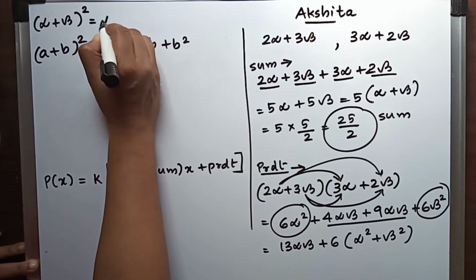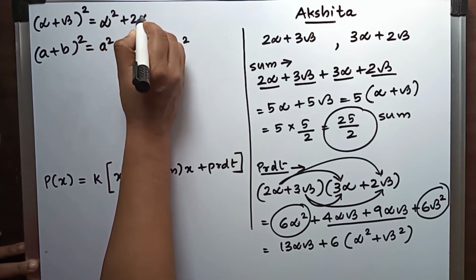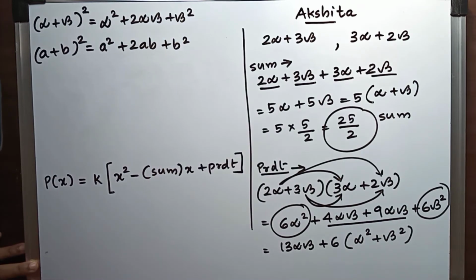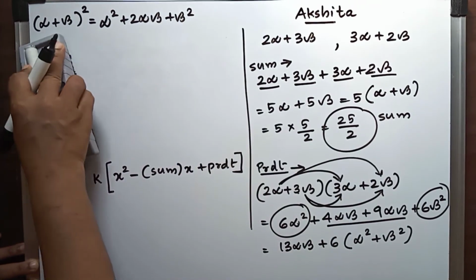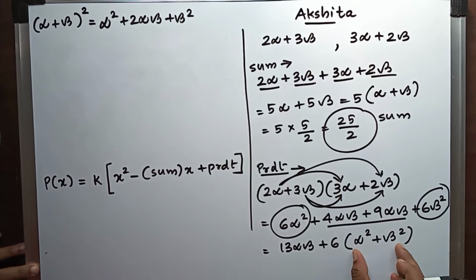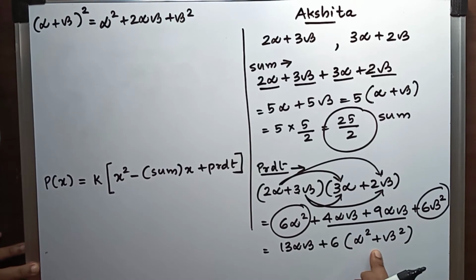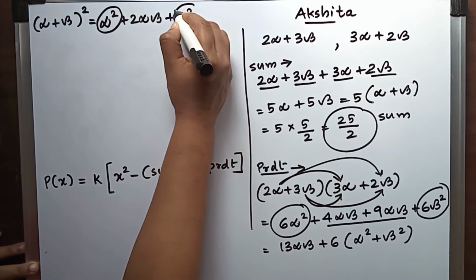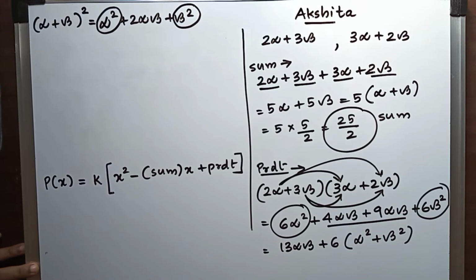So it is alpha square plus 2 alpha beta plus beta square. Right? Now actually in our calculations we got an alpha square plus beta square term here. Right? Here. So we are going to find what is alpha square plus beta square.